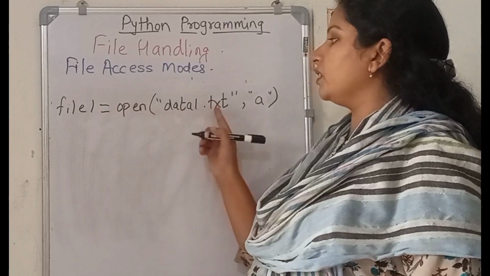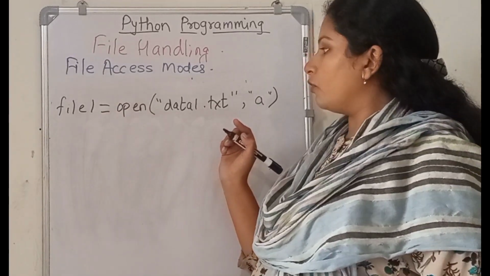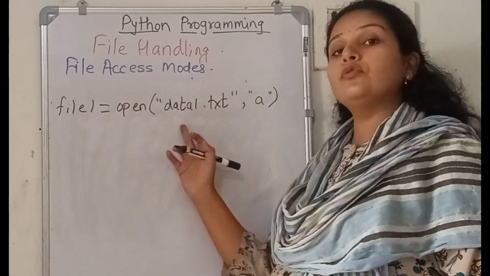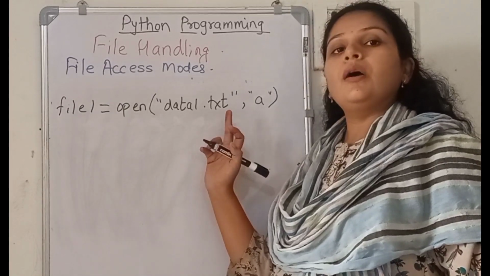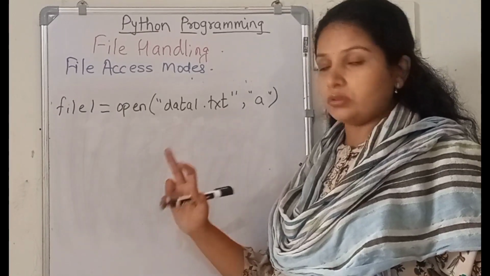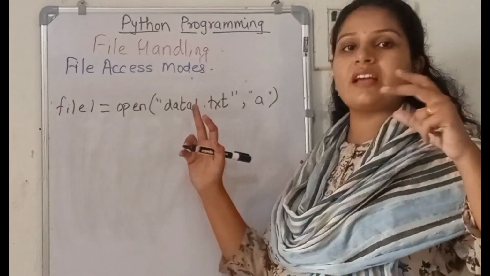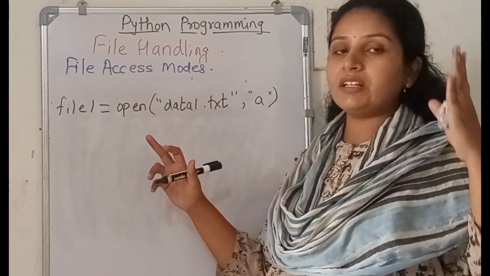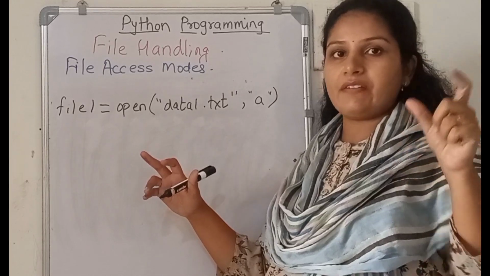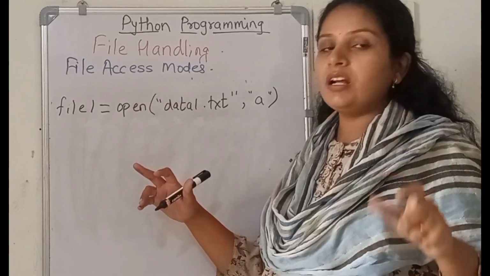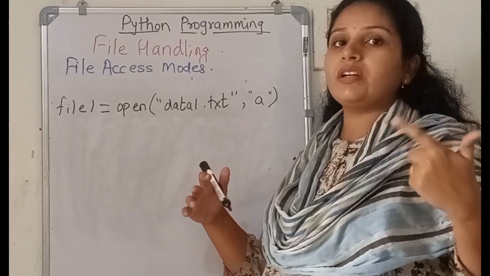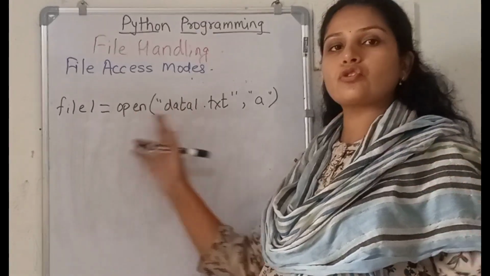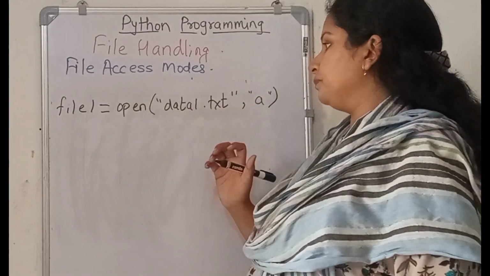So here I am opening the data1.txt file. You can mention the full path of the file also, but only when the file exists or is saved outside your folder. That I will mention, or I will take a separate session on that: what are the different types of path you can use to open the file.